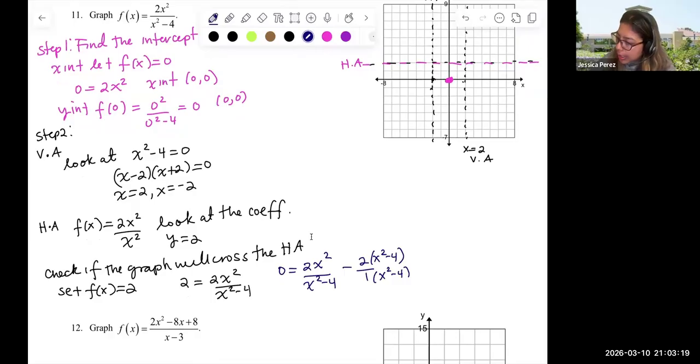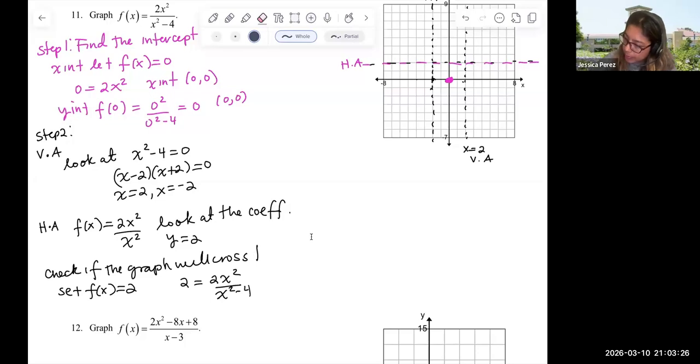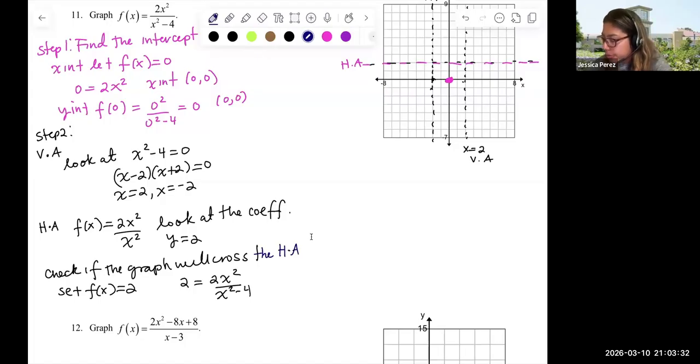Let me go back. If I want to solve to cross the horizontal asymptote, we multiply both sides by x squared minus 4. So it's 2 times x squared minus 4 is equal to 2x squared.